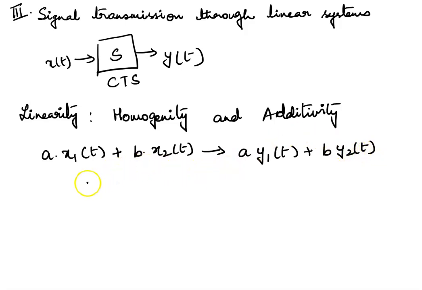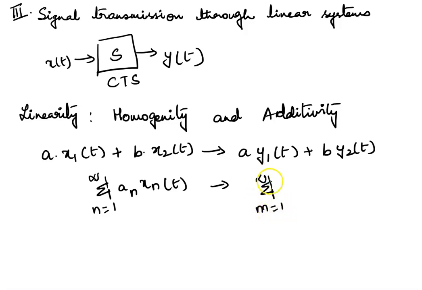If this happens, then we confirm that the system is linear in nature, and it needn't necessarily be only two inputs and two outputs. It can span to multiple inputs, with m running from 1 to infinity, am xm of t, giving the output sum of bm ym of t.